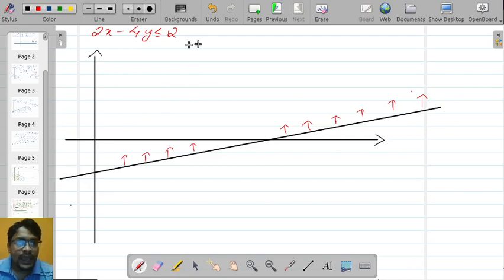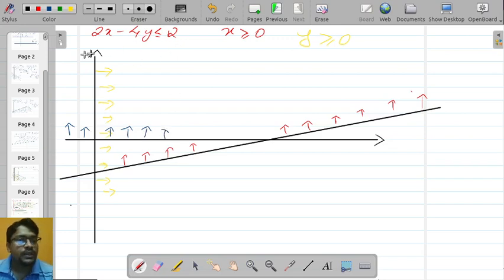Okay, and then x greater than or equal to 0, it represents the portion on the right side of the y-axis. This is x greater than or equal to 0, right? And y greater than or equal to 0, this is represented by these arrows. Okay, so the portion above x-axis.